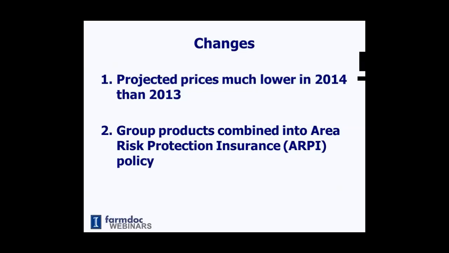Again, we saw larger payments for corn because of that price decline, $5.65 down to the lower harvest price. Again, illustrating the power or the performance of crop insurance when we're in a declining price environment.